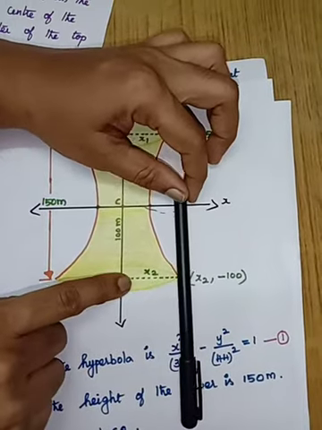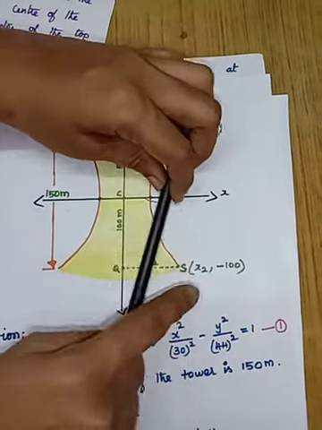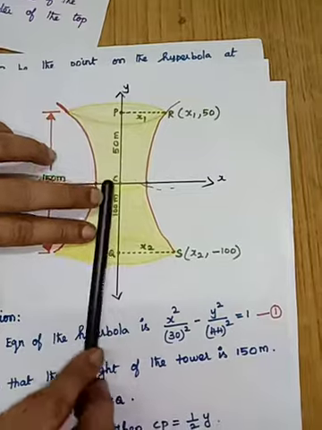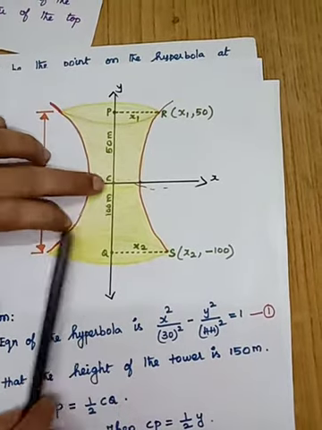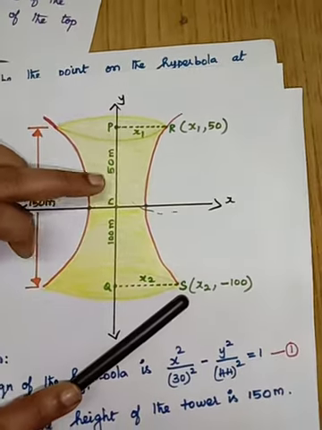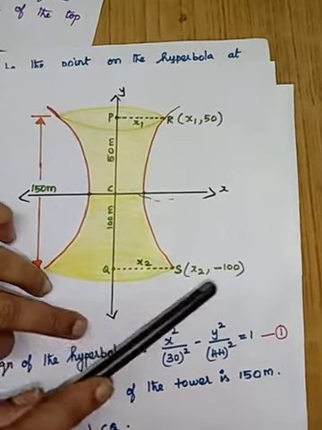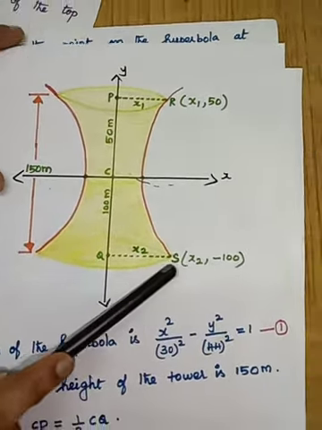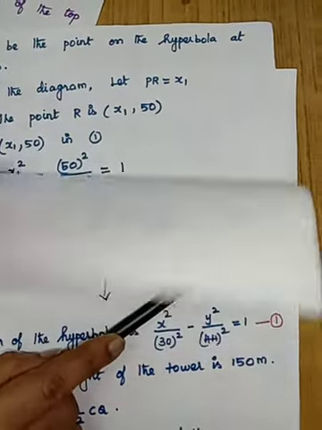So QS only we have to find, so that is taken as x2. And what is the vertical distance? It is CQ. What is CQ given? It is 100 meter. This point is on the negative side of the y-axis. Therefore S point is (x2, -100).